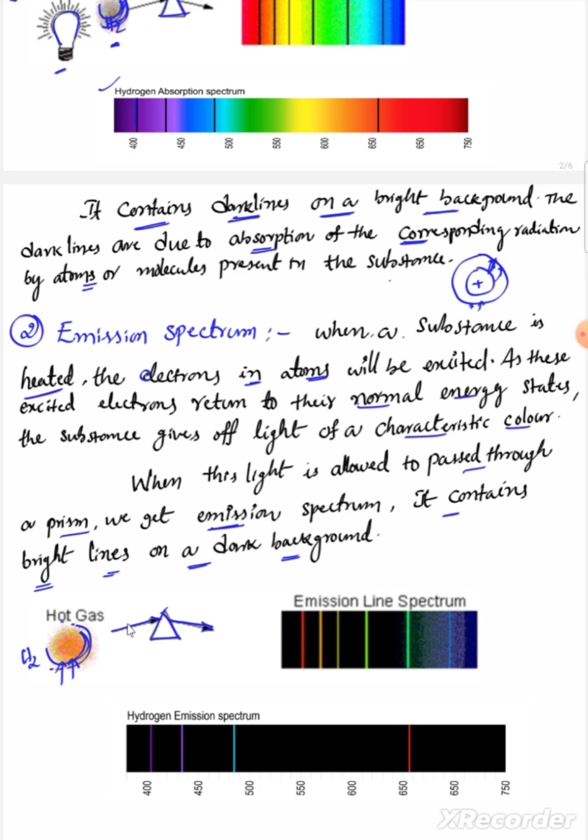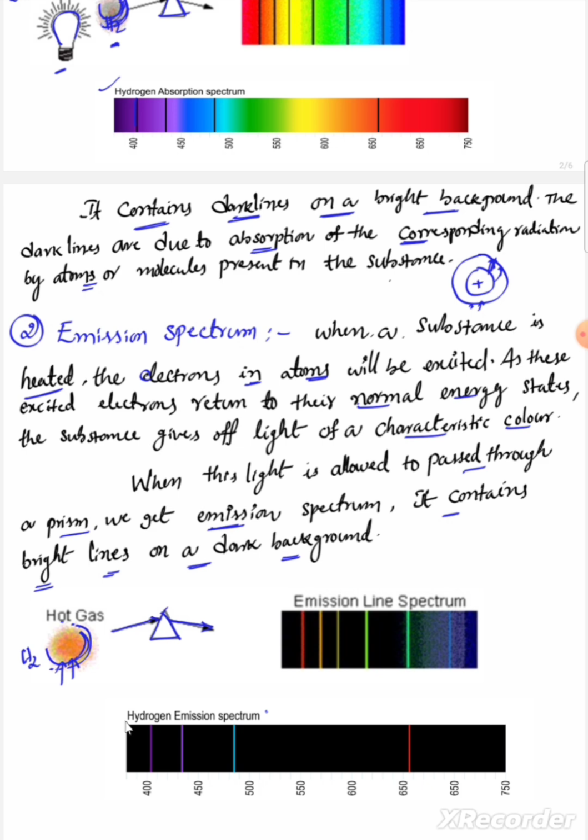It emits radiation. When that radiation is passed through a prism, we get an emission spectrum. When we observe hydrogen gas, we get four different lines: red, blue, and two violet wavelengths. We observe bright lines on a dark surface.